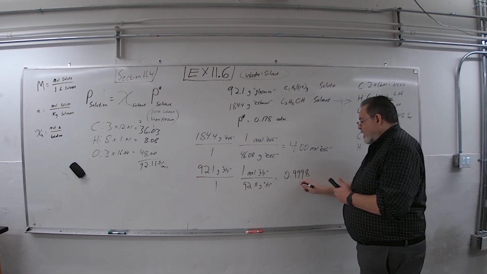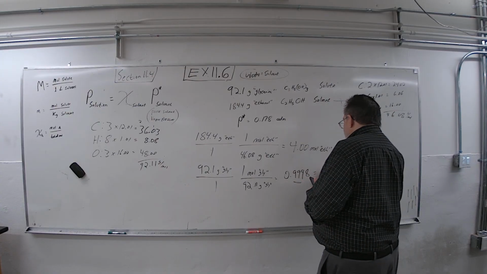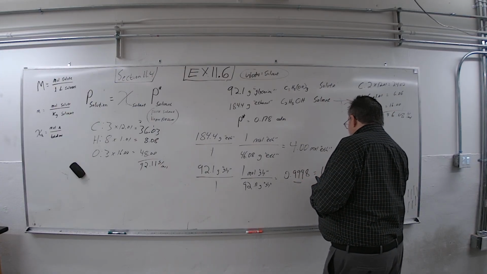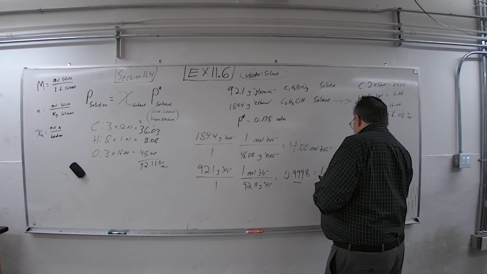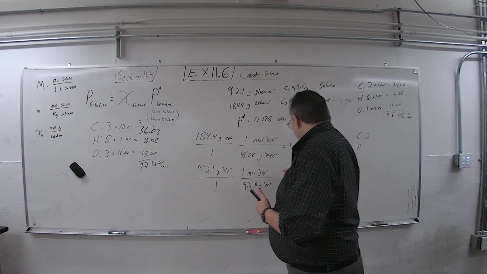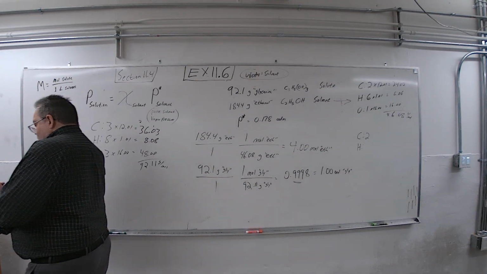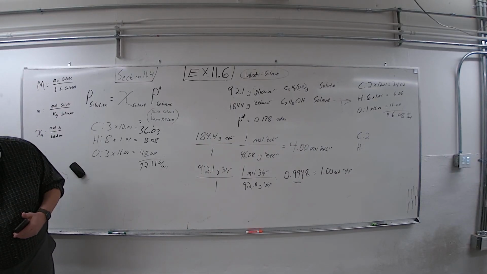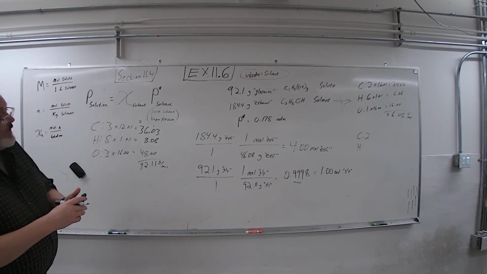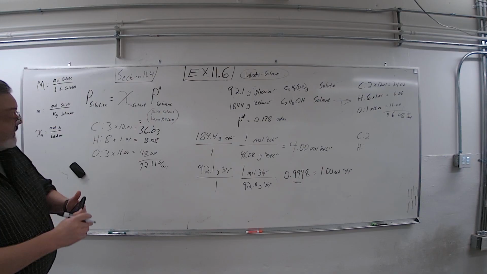If we're keeping 3 significant figures, it rounds up to exactly 1. Four moles of ethanol, 1 mole of glycerin.